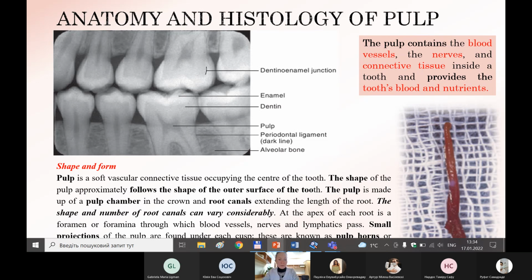From the point of anatomy, the pulp occupies the center of the tooth, the cavity of the pulp chamber. The shape of the pulp approximately follows the shape of the outer surface of the tooth crown.